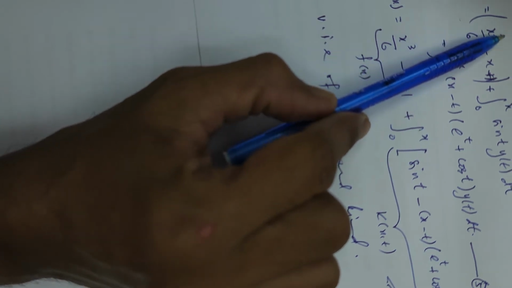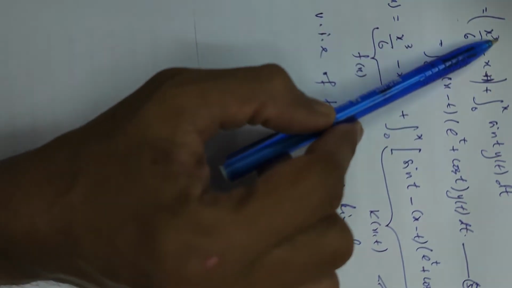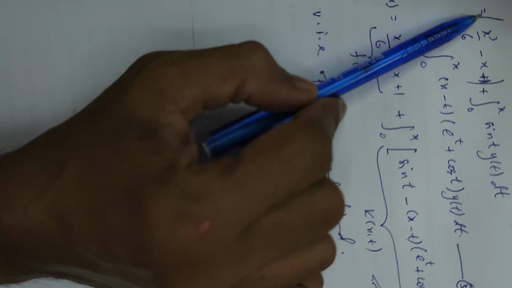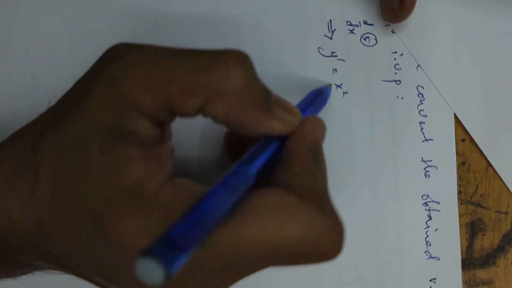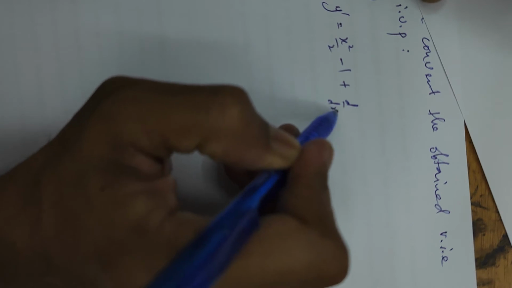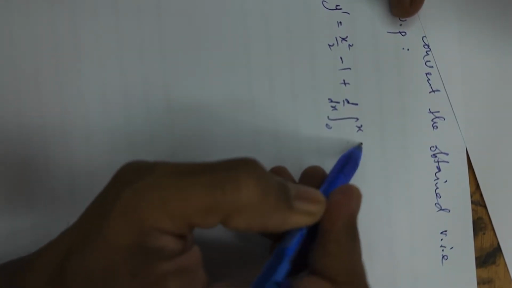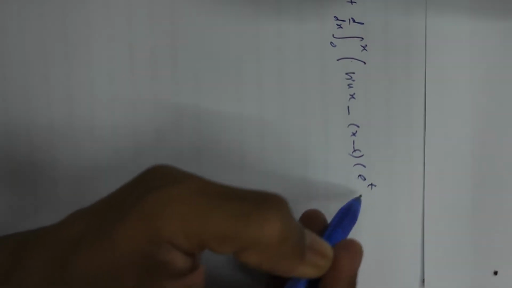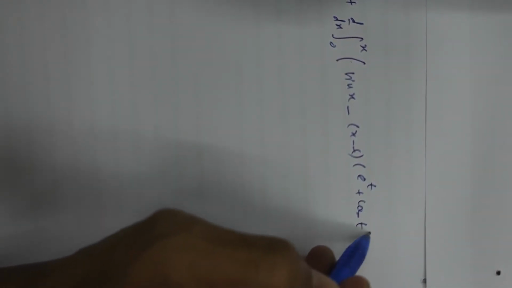So we have x squared over 2 minus 1, plus d/dx of the integral from 0 to x of sine x minus t, e^t plus cos t in that bracket, and y(t) dt. Remember that in doing this we need the Leibniz rule.